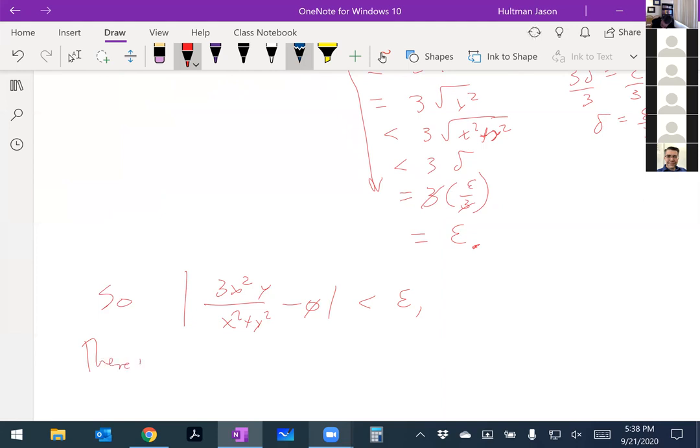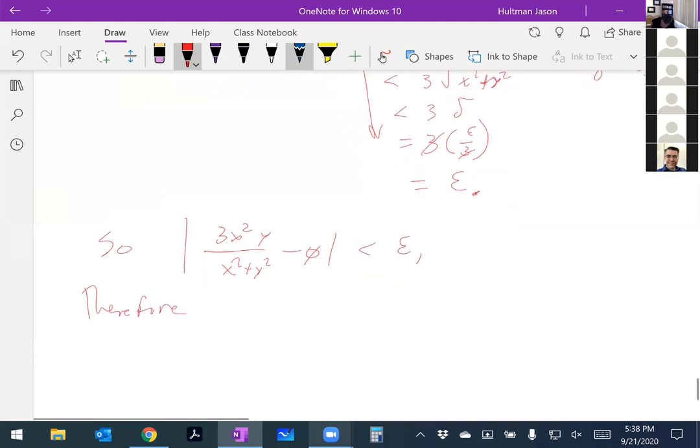Therefore, the limit as (x, y) approaches (0, 0) of 3x squared y over x squared plus y squared is equal to 0, and end of proof, QED. Put my little square. That means I've done the proof. I've proven it forwards, backwards, sideways, that it will always work.